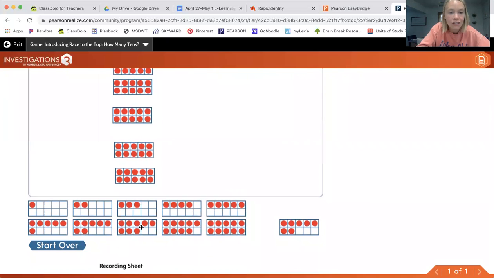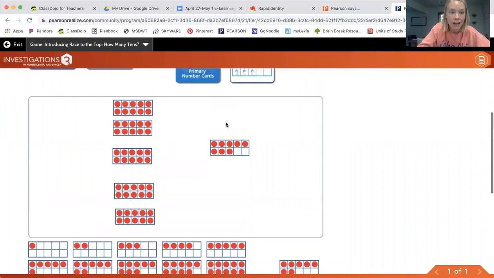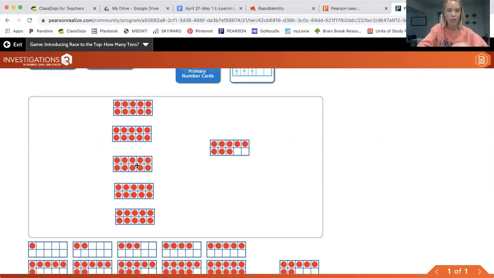So here's the 10 frame that has 8. All right, now I'm going to count these just to double check and make sure that everything looks good, that I have 58. 10, 20, 30, 40, 50, 51, 52, 53, 54, 55, 56, 57, 58.